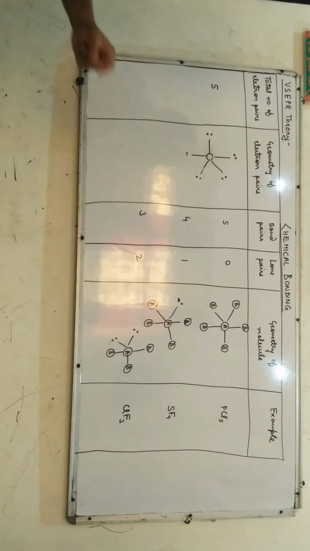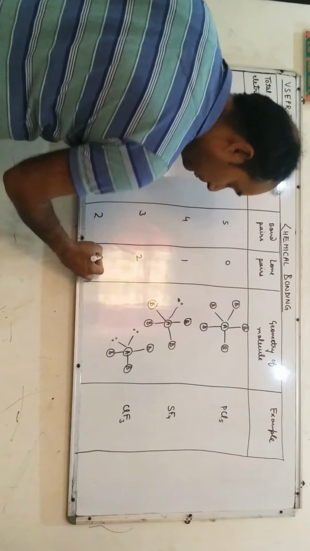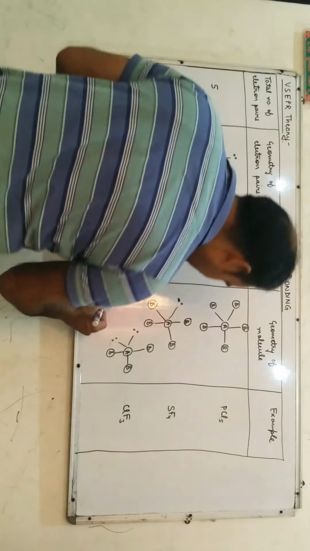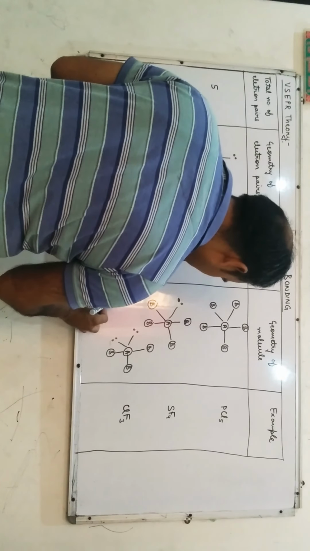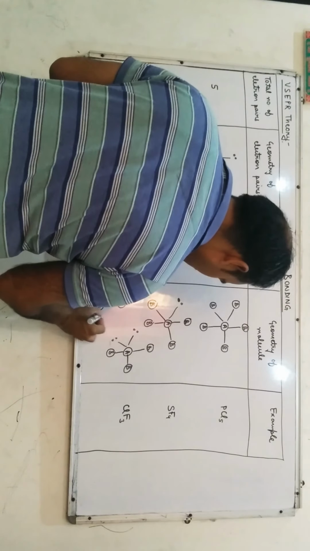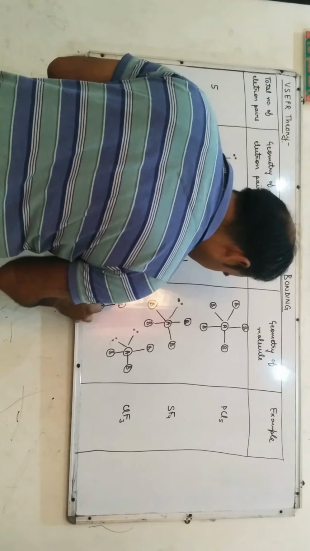If the bond pair are 2 and the lone pair are 3, then the geometry of molecule is represented like this manner also. Bond pair are 2, lone pair are 3, the geometry of molecule is somewhat linear, and the example is XeF2.